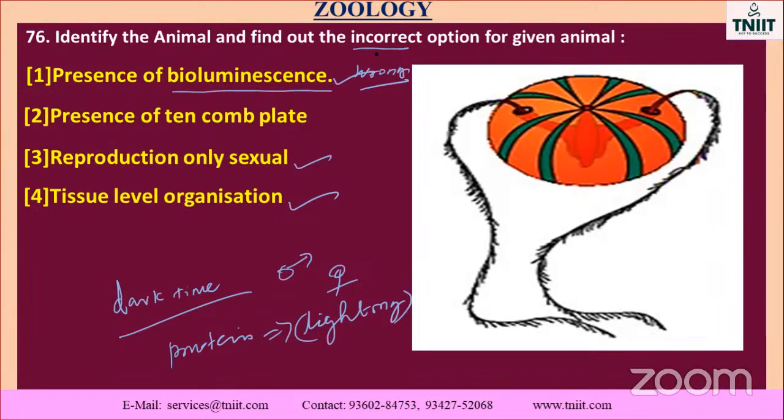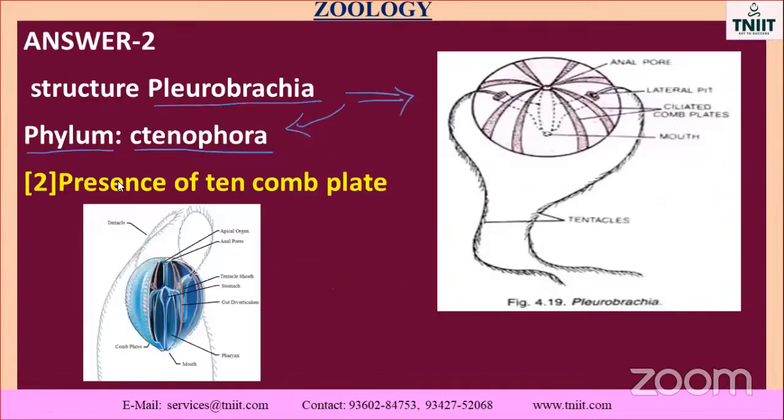But in this category, which one is the incorrect statement? See, the presence of 10 comb plates. Not only 10, there are a number of comb plates present in it. See the structure of Pleurobrachia, phylum Ctenophora. This is called a comb plate.